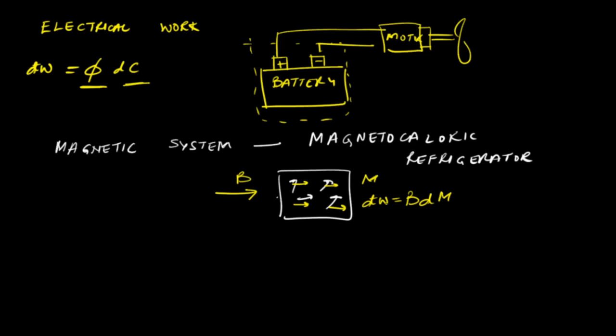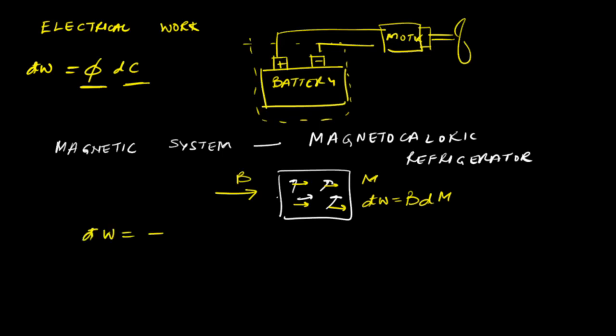Now, we've seen many examples of various systems and the definitions of the work that crosses the boundary during a quasi-equilibrium process of those systems, for example, electrical work and magnetic work. And there could be systems where there are multiple modes of work.